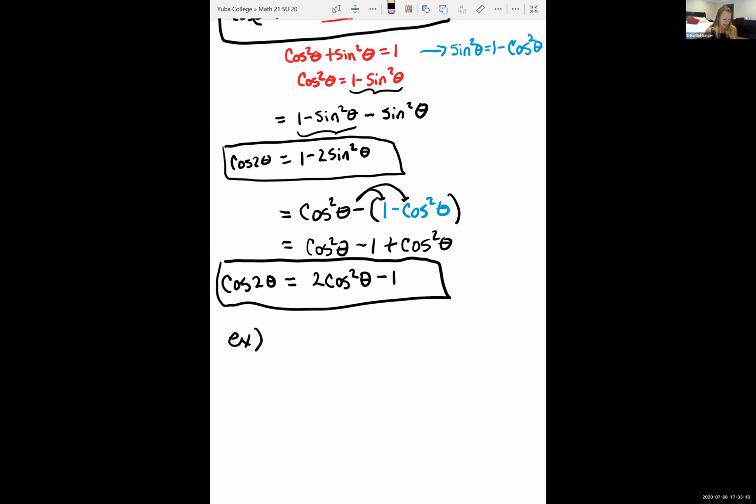So let's say that cosine theta is given to equal 3/5. And we're given that theta is between 0 and pi halves.